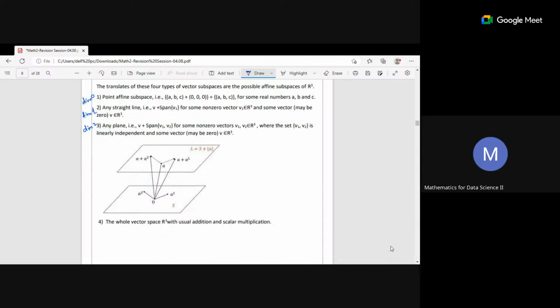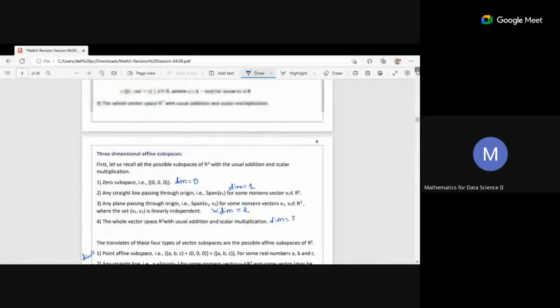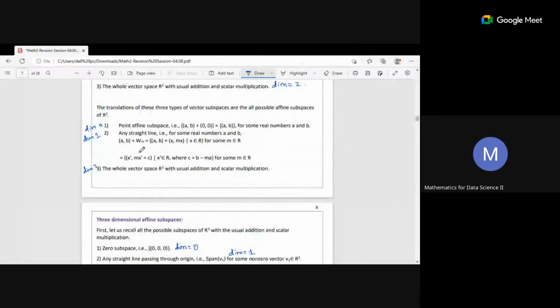Note that in the case of 2D, for the dimension 0 and 2 cases, they are very obvious, so you don't have to worry. In the case of dimension 1, subspaces are of the form y is equal to mx, so that it passes through origin.